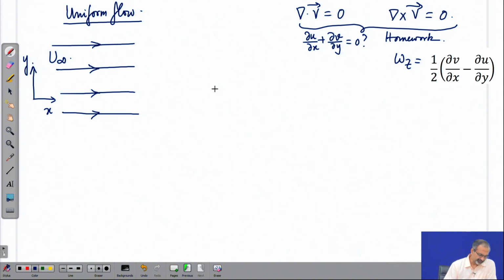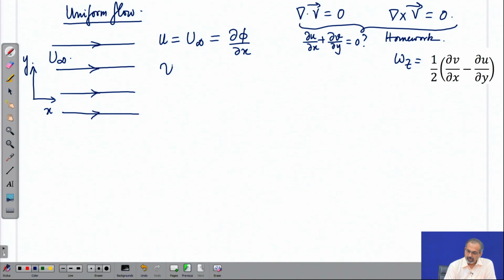Now, having said that, in uniform flow the u component of velocity is u infinity, that is what the uniform flow is all about, because it is moving along the x direction. And remember that in terms of the velocity potential, it is equal to del phi del x.